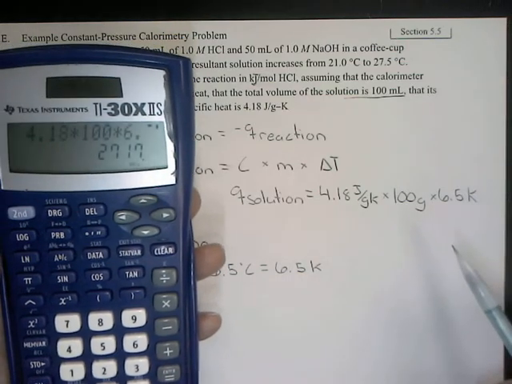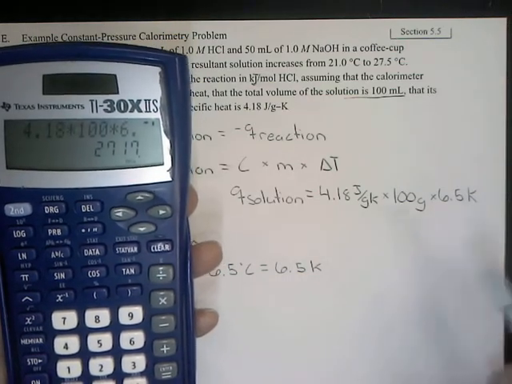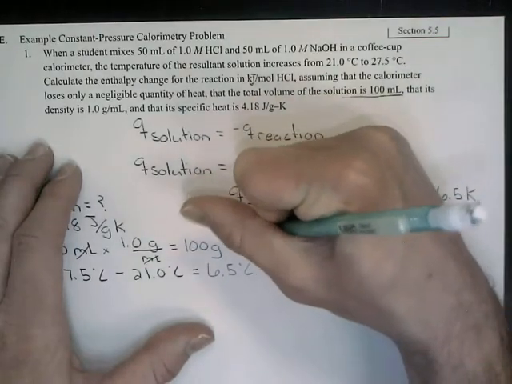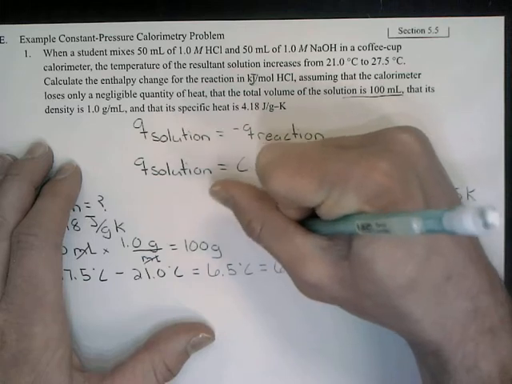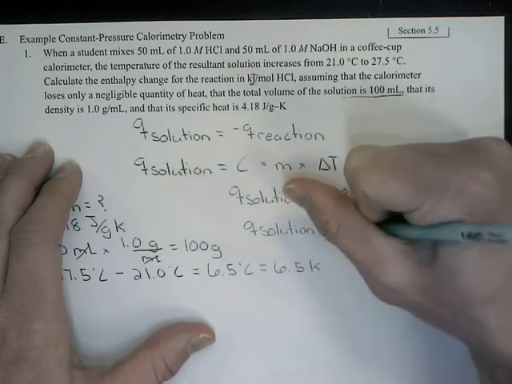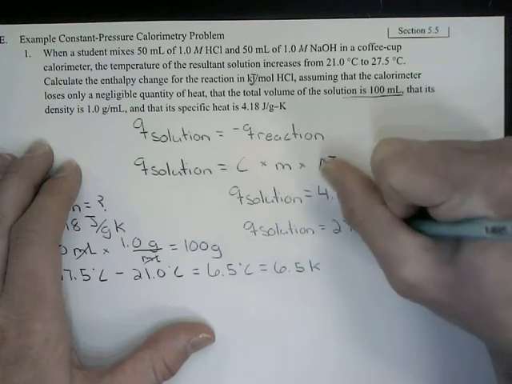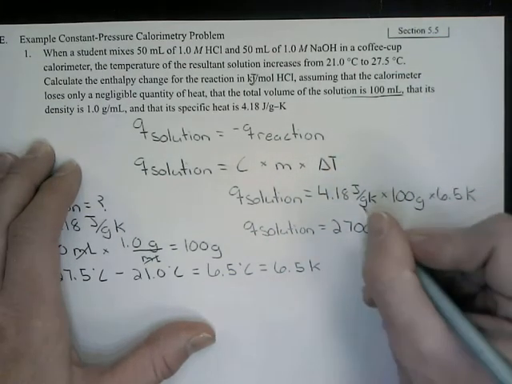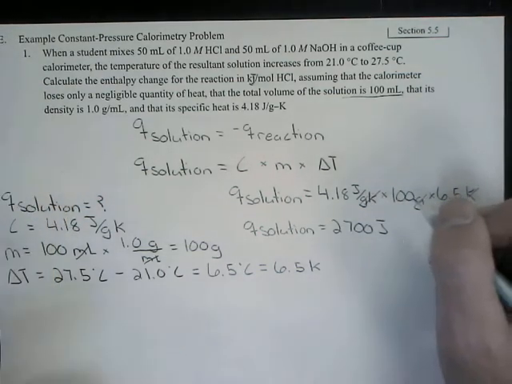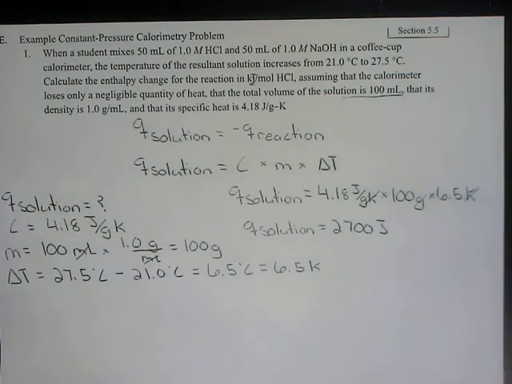So when we round this, we would get a heat, or a Q, of the solution to be 2,700 joules. And remember, our 2,700 joules comes from our grams canceling out and our units of Kelvin canceling out.